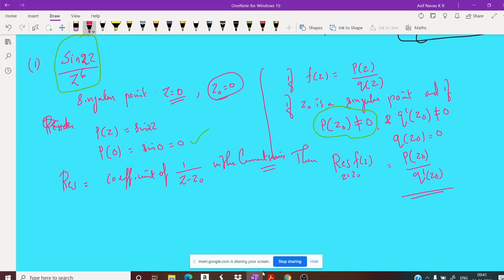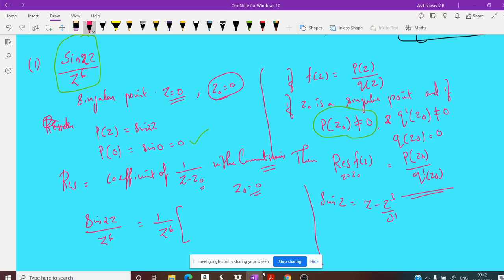Z naught is equal to 0. So sin 2z divided by z raised to 6 we can write as 1 by z raised to 6 into the expansion of sin z. What is the Maclaurin series expansion? Anybody?